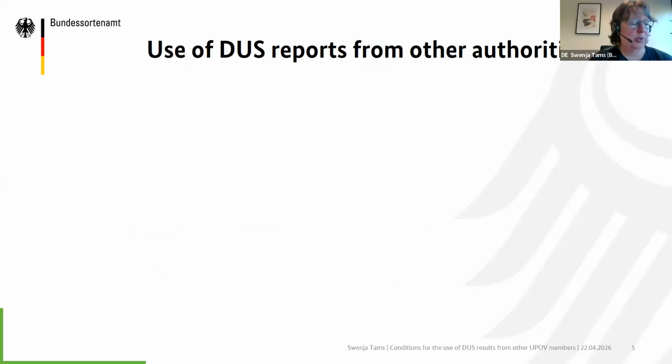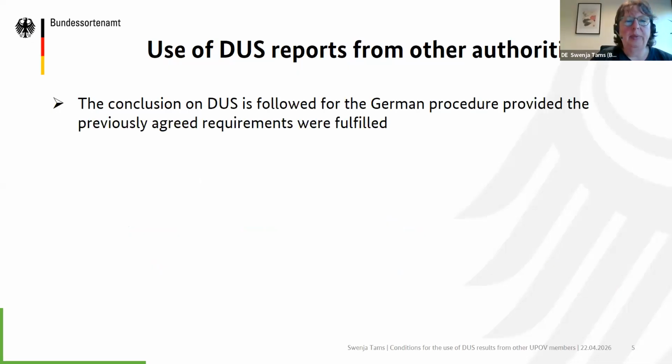So how do we use DUS reports from other authorities? The conclusion on DUS is followed for the German procedure, provided previously agreed requirements are fulfilled. So it's really that our decision is based on the DUS report, and it becomes a part of our procedure.